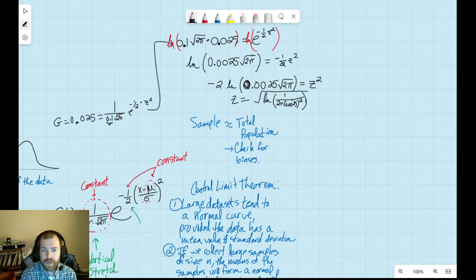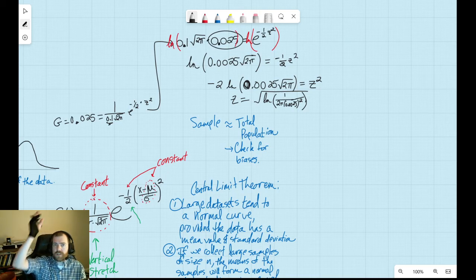I took the complement of that value to see if I was on the wrong side of the Gaussian distribution.